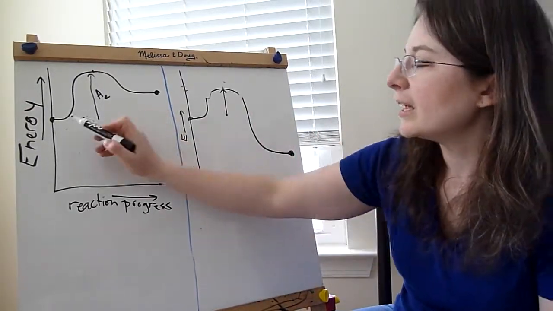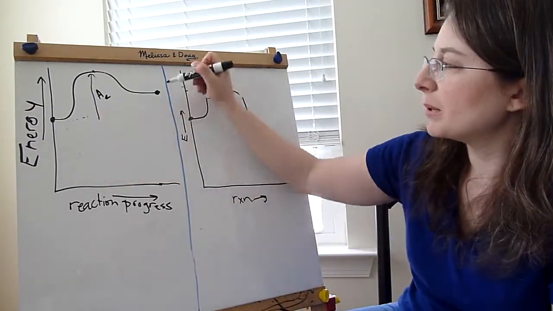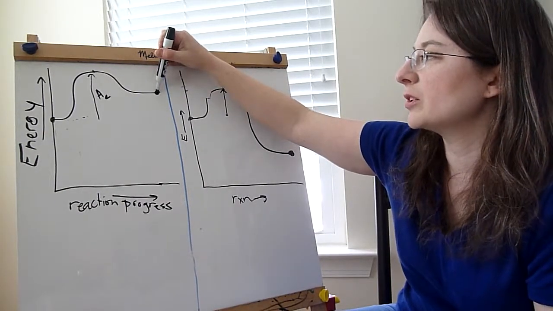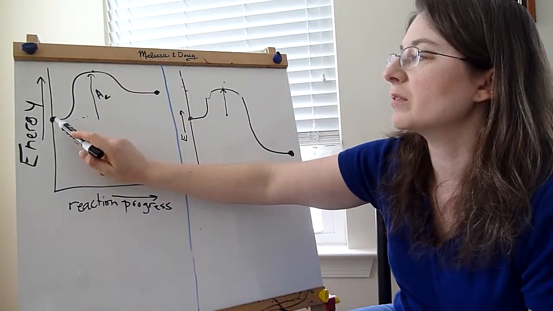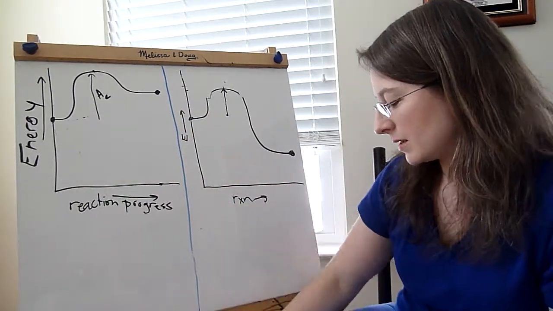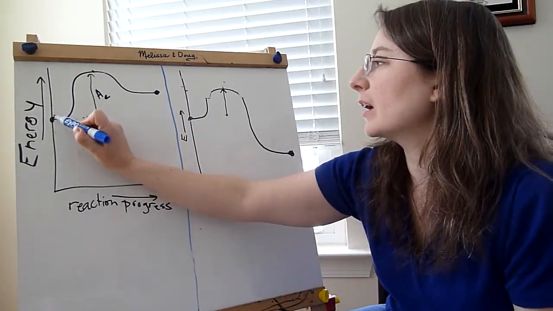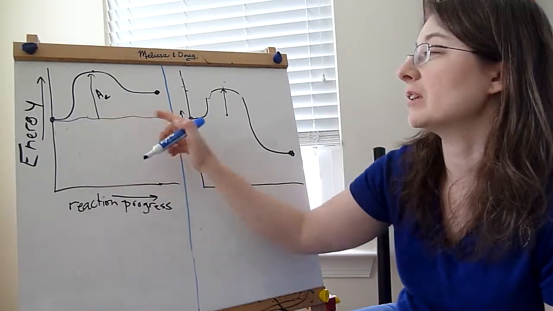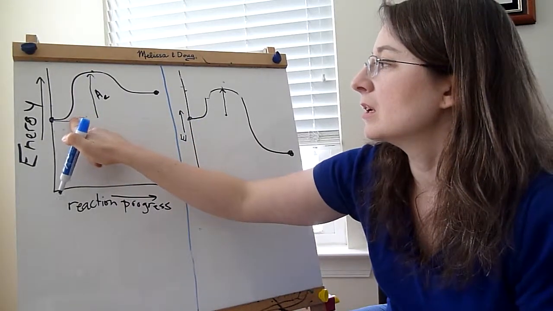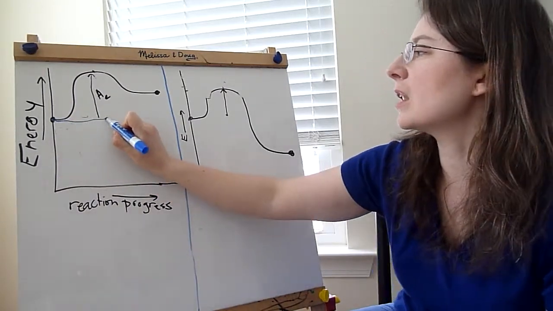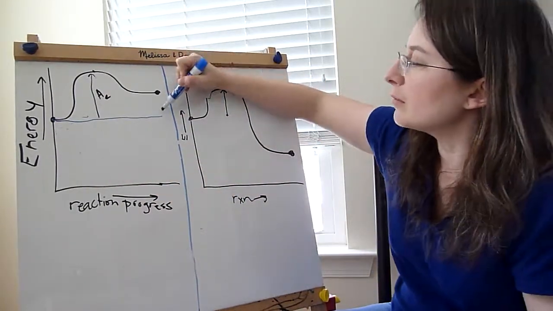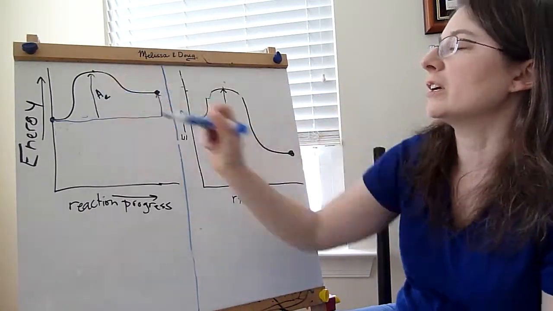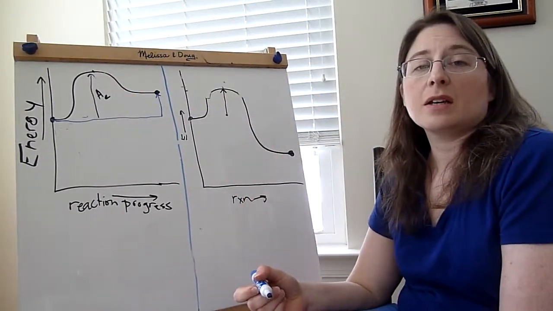So, if you end up with a higher energy state for your products than you started with for your reactants, so I could go over here and say I started at this energy level, which if that were a straight line, that would be really good. Try that again. Straight line. And then I increased in energy. My products have more energy than my reactants did.